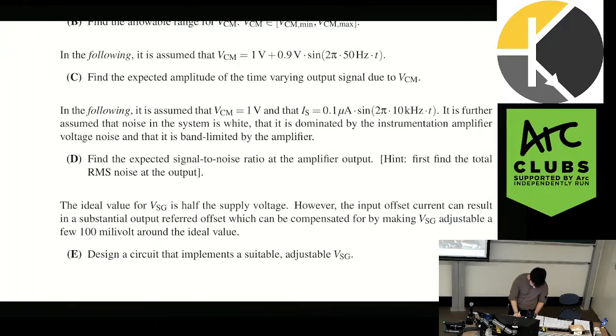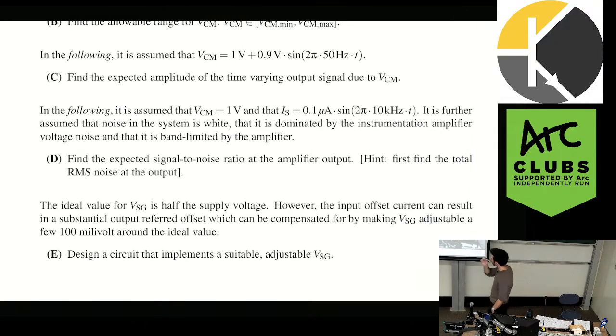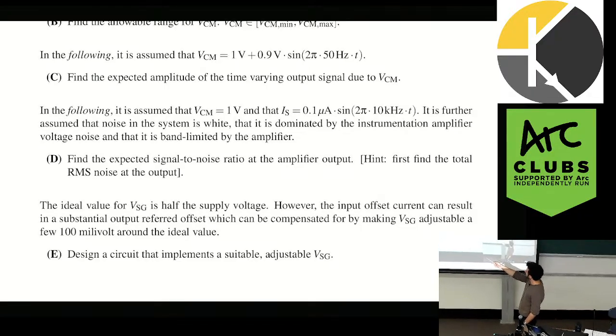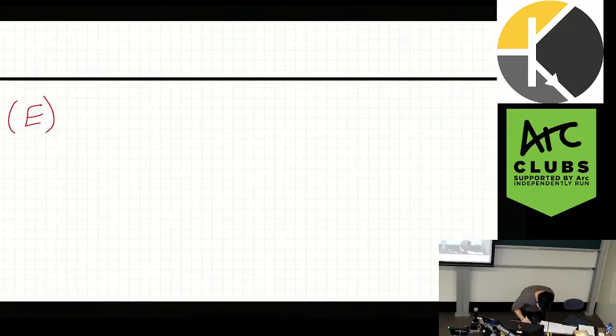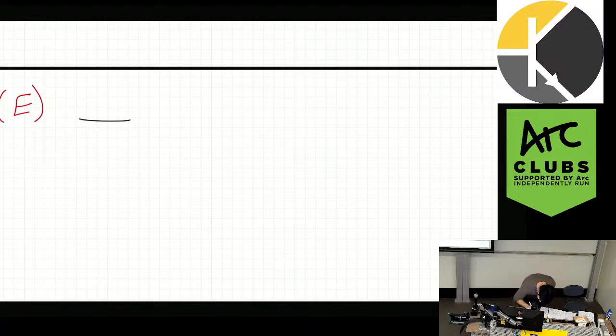How I'd approach this question is I'd break it up into two parts. The first part just says generate VSG. Then the second part says make it vary. To generate a reference voltage, the easiest thing is just to use a voltage divider. Not a great reference, but like this.